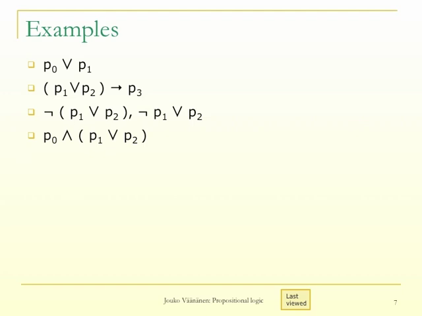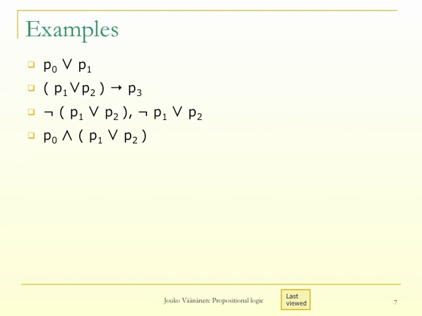Here is a conjunction of an atomic formula and a disjunction of two atomic formulas, namely P0 and (P1 or P2). When we read this formula, we also read the parentheses.